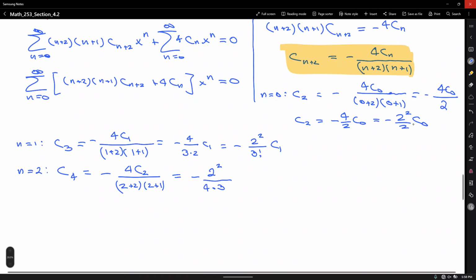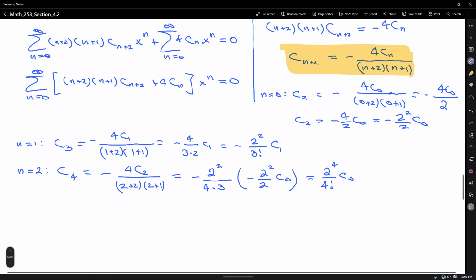Isn't that c sub 2 back in terms of c sub 0? Which will be negative 2 squared over 2 c sub 0. What are we going to have this time? To begin with, we're going to have a 2 to the fourth power. Well, number one, negative times a negative equals positive. And then a 2 to the fourth power divided by, what's 4 times 3 times 2? Isn't that the same as 4 factorial?